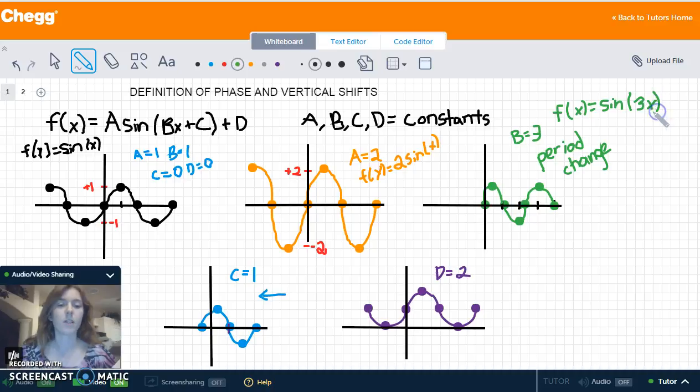What happens here is my period changes. It's a little bit difficult to show with these big markers, but as you can see, the period becomes smaller and these oscillations happen more frequently than over here. Let's think about this for a second.